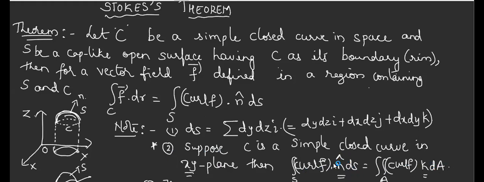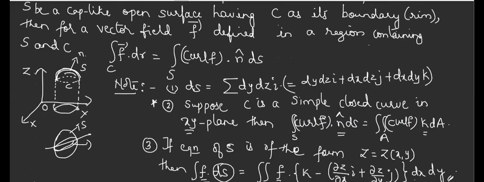What is important here is n cap is equal to k. So when you are solving the problem, if your curve is lying only in the xy plane, directly take the value of n cap as k. This is one of the theory parts. Did you get this? Will you remember? For Stokes' theorem, n cap is k if you deal with the xy plane only.